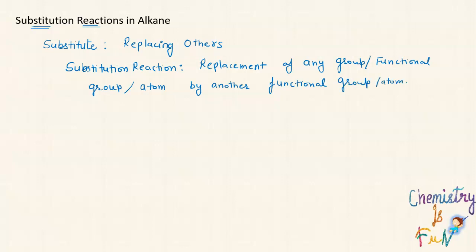For example, suppose we have started with alkane. Here H is present, and when we are heating it in the presence of chlorine gas, this hydrogen will be replaced by Cl atom.